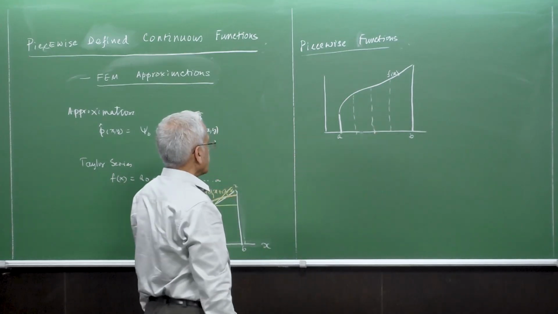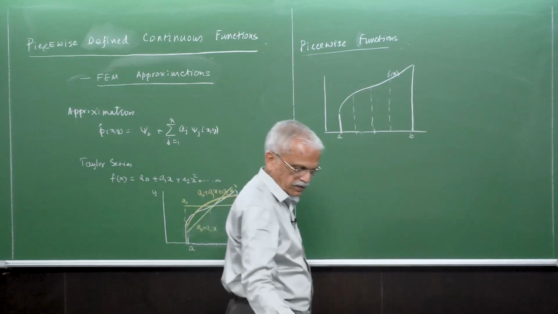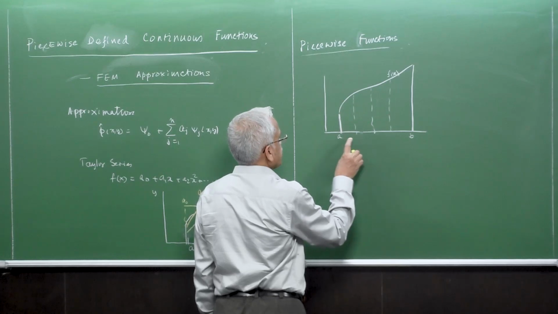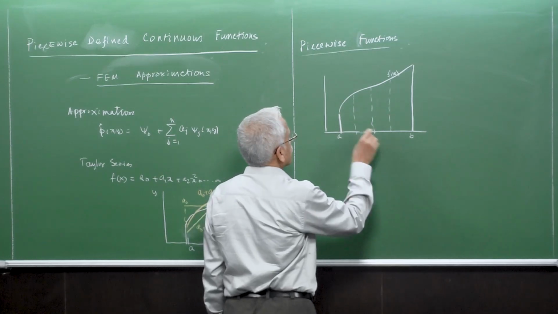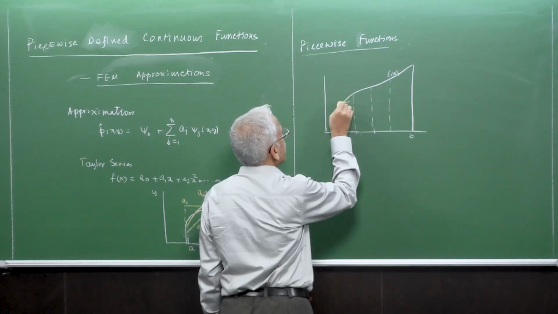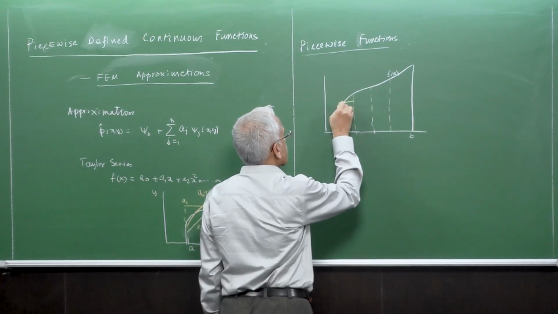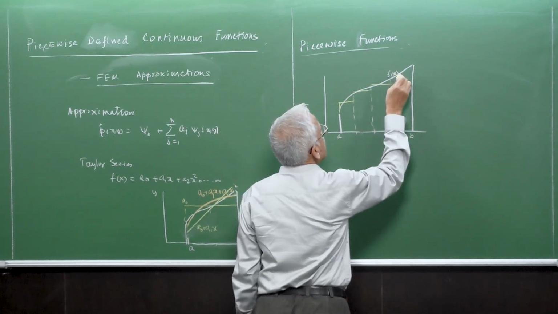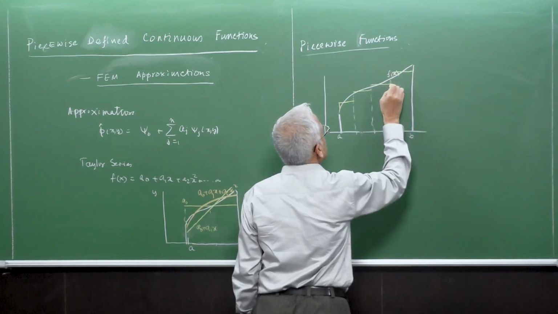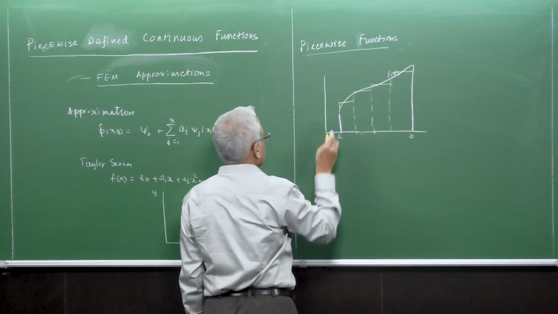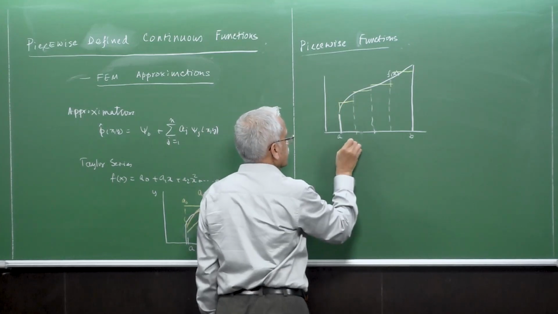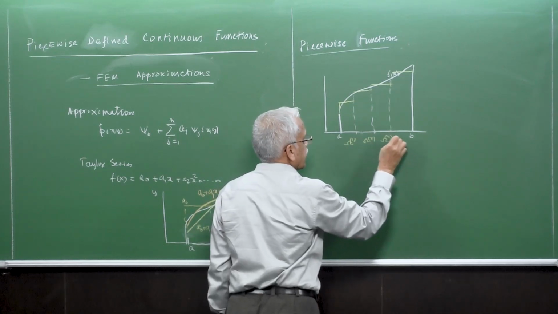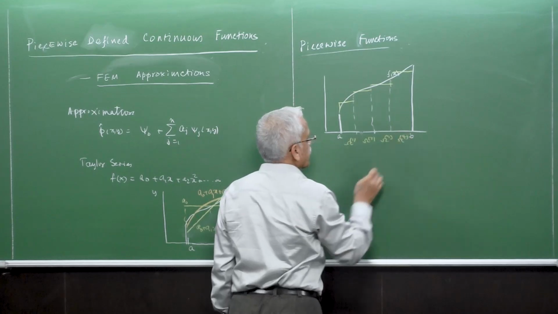So here we have the piecewise defined functions, such as, let us say, even the constant. These are several intervals, omega 1, omega 2, omega 3, omega 4, and then we have defined here like this one, for example. Here this is a0, in omega 1, omega 2, and omega 3, and several subdomains.